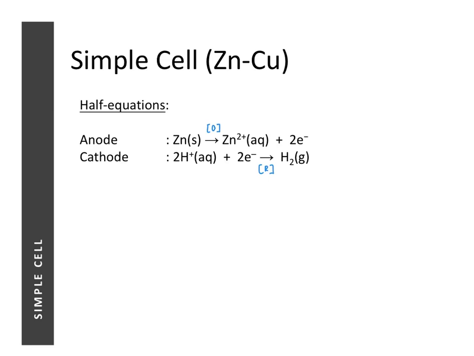If you can recall, in order to combine them, the first step is to ensure that the number of electrons on the left side of the equation is equal to the number of electrons on the right. In this particular example, the number of electrons are the same, so we can proceed to combine the two equations together. And when we combine them, we actually have the following ionic equation.